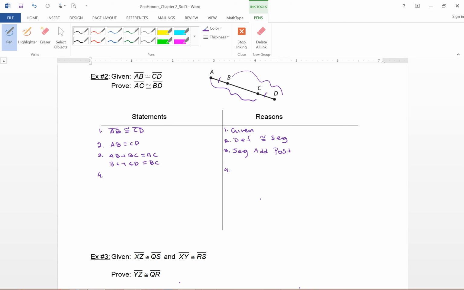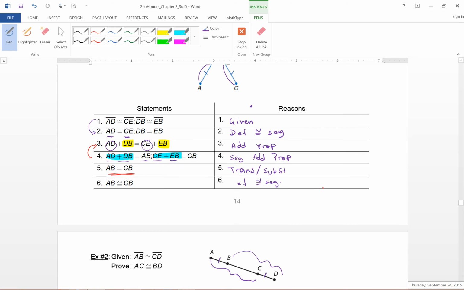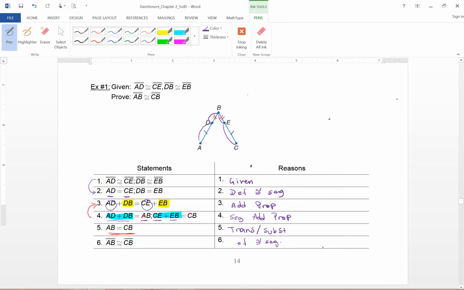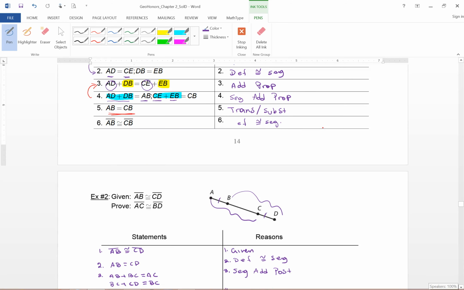Is that what I did? Yeah. Oh no, that's wrong. It should be the segment addition postulate. Good catch.